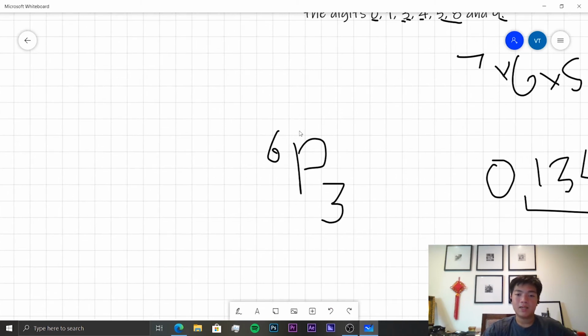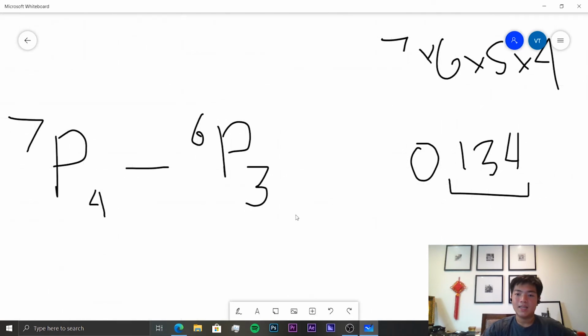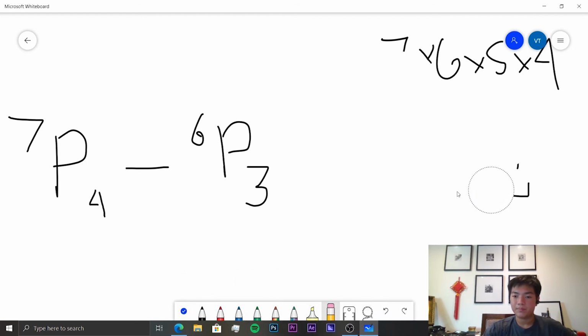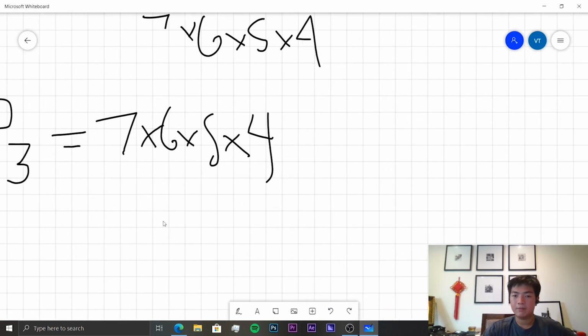So we have to subtract from the number of permutations of picking 4 numbers from 7 the number of permutations in the case that the first number is 0, and there are this many permutations. So after we do 7P4 minus 6P3, we get 7 times 6 times 5 times 4 minus 6 times 5 times 4.